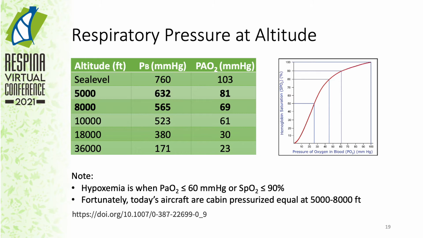Hypoxemia happens when PaO2 is less than or equal to 60 millimeters of mercury, or oxygen saturation less than 90% based on the oxyhemoglobin dissociation curve. Fortunately, today's aircraft cabin pressure is equal to 5,000 to 8,000 feet.